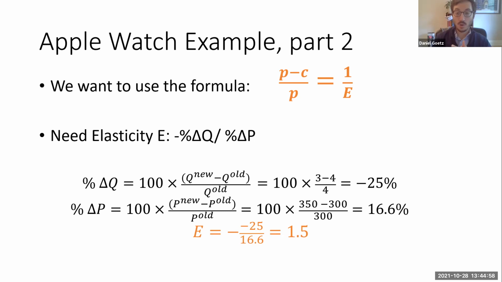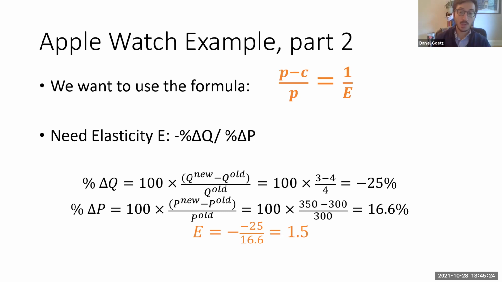So the percent change in quantity that we get from this survey is 100 times 3, the new sales in millions, minus 4 divided by 4. And when we do that math, it's just negative 25%. So the quantity decreases by 25% if we raise the price by 50.